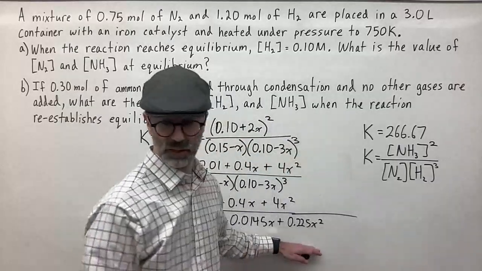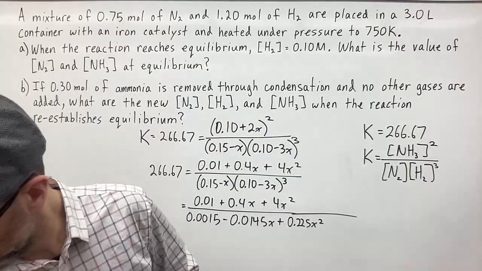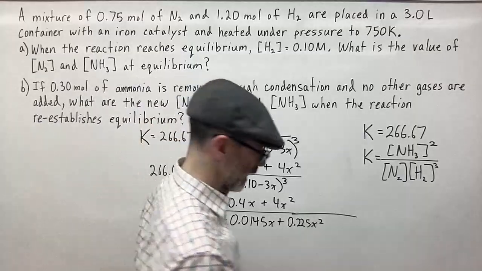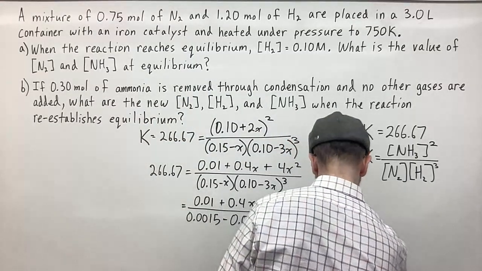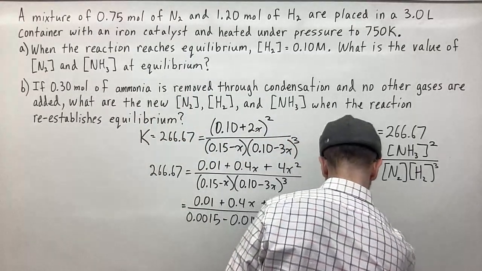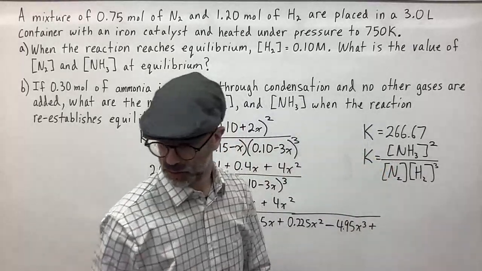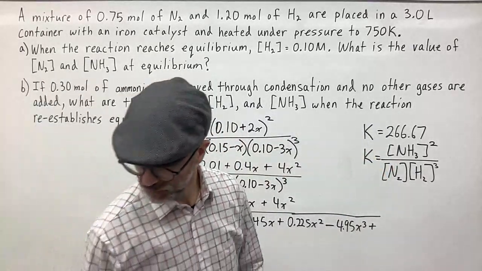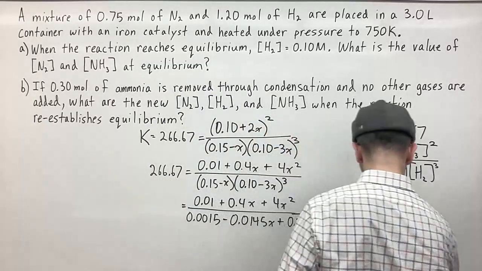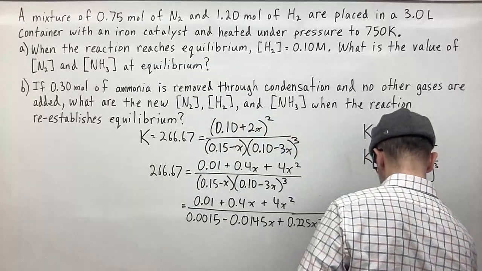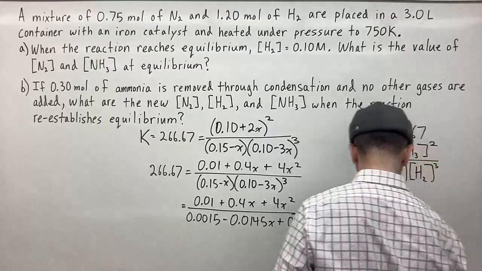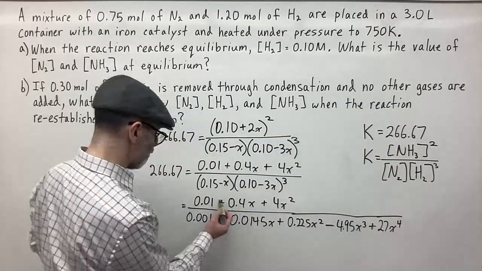I told you this is going to be ugly. Minus 4.95x cubed, and then plus 27x to the fourth. So now we have this whole thing.